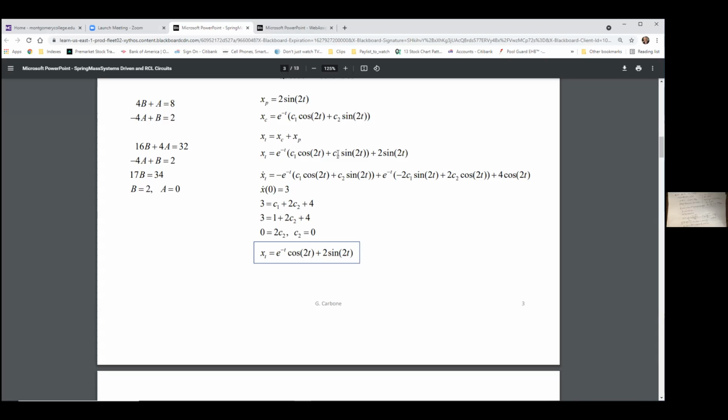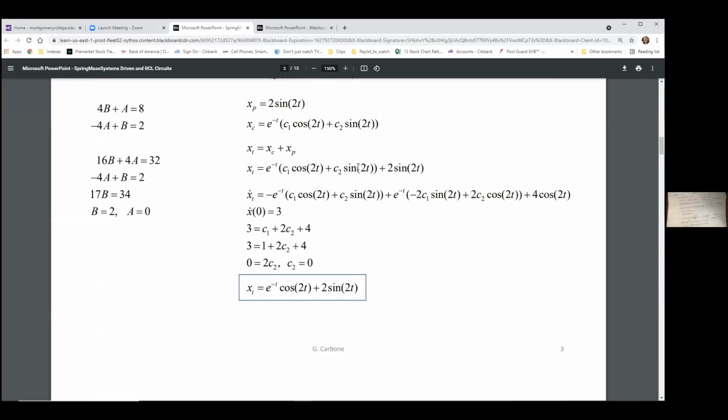When you put in the initial condition for the position, this is 0 and this is 0, and then this is 1. So you're getting that 1 is equal to C1. But this here should be negative. And then that makes C2 0. Okay, so I've got to fix that. Any questions?